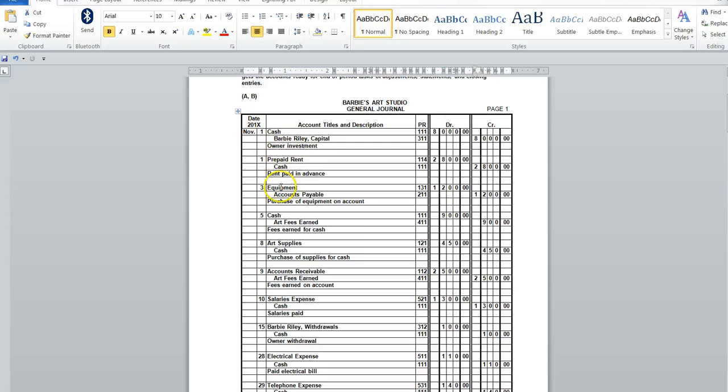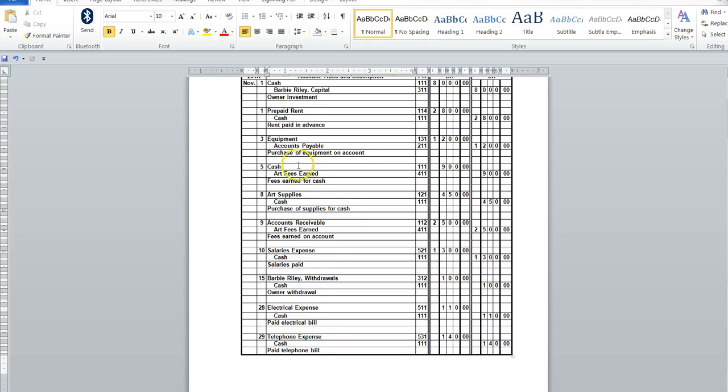Are they equity or expenses or revenues? Then knowing the rules of debit and credit, you got an asset going up, so what do you do? You debit it. You got another asset going down, what do you do? You got to credit it. You got an asset going up and a liability going up. What do you do? Debit the asset to increase it, credit the liability.